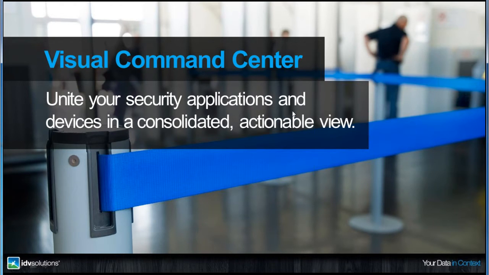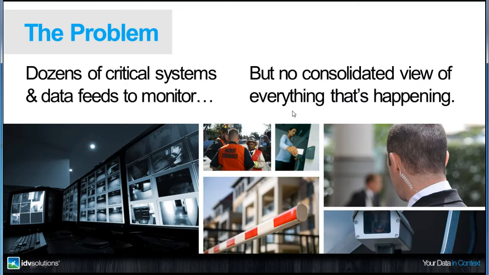So first, let's look at the problem that we're solving with a Visual Command Center. I've been in many command centers for our customers here across the U.S. and some international customers, as well as some government customers. And the common problem is that there's a significant amount of different data sources that organizations are struggling to integrate into their command center and physical security operations.